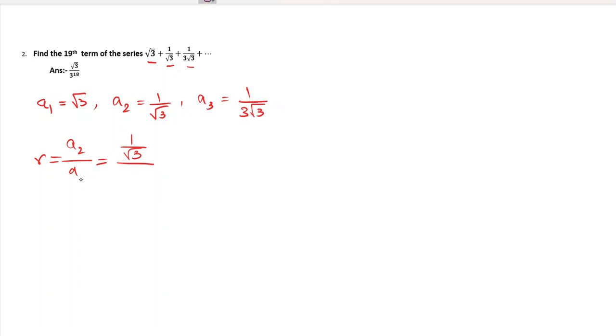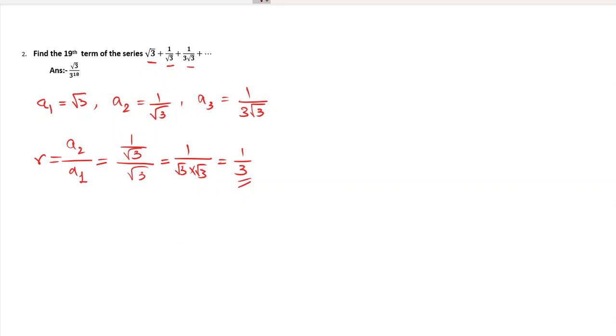It should be second term upon first term. So 1 by root 3 upon root 3 is 1 by root 3 into root 3, which is 1 by 3. So this is your common ratio.